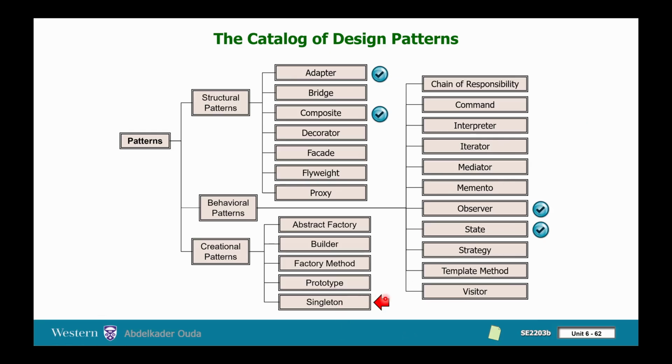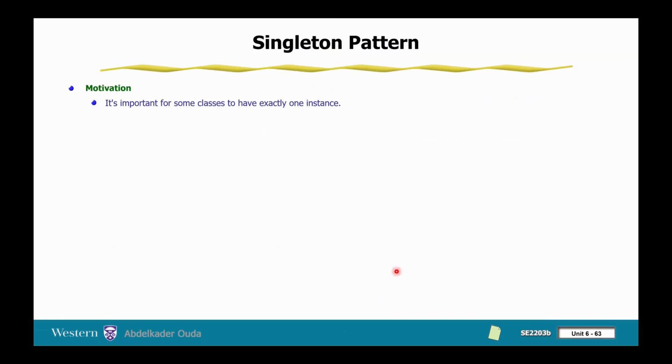Today we need to talk about Singleton. All right, so what is Singleton? As we said, we start with a quick motivation. Here in the slide, we say it is important for some situations that some classes have one instance only. Does that make sense to you, guys?